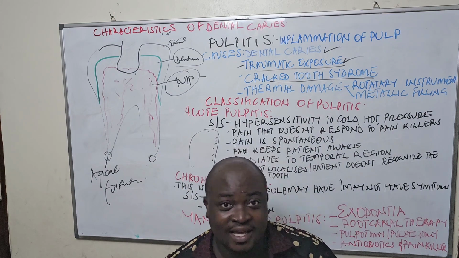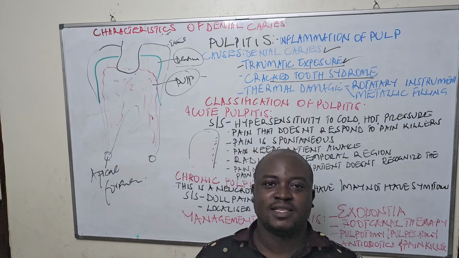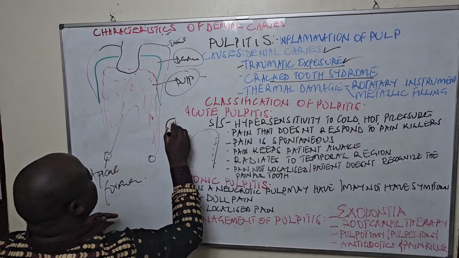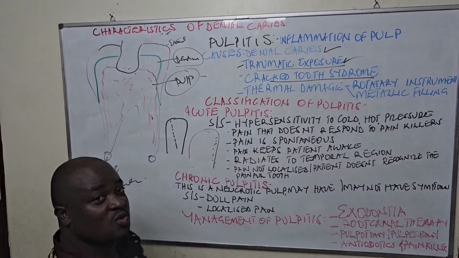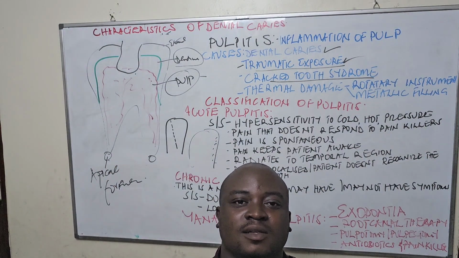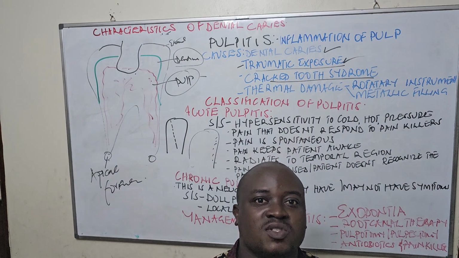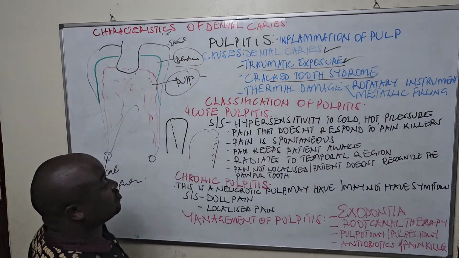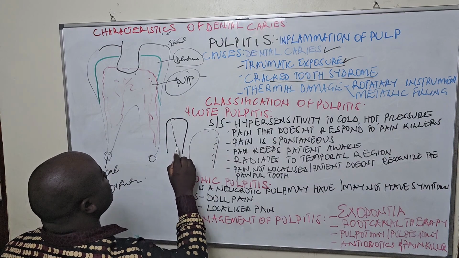Once that is done, you may not see a crack in your tooth, but a crack will be formed like this. When you do an examination, you may not see it well. We shall make a video about cracked tooth syndrome, but it is just a crack. It may be difficult to diagnose, but you need to know how to diagnose cracked tooth syndrome.